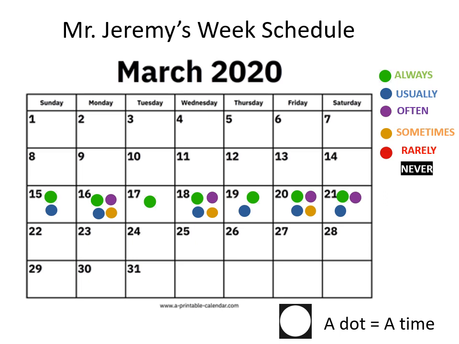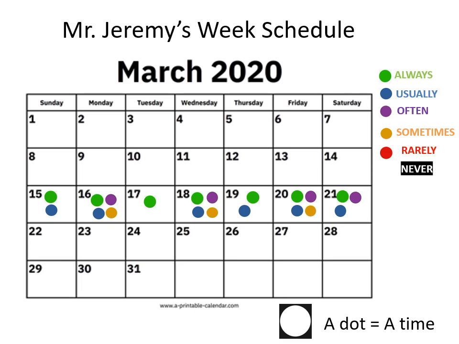Usually means that you're doing something most of the time, but not all the time. So if you look at the blue dots, you see 1, 2, 3, 4, 5, 6 blue dots. So the only time you're not doing something that's blue is on Tuesday, or a different day. And then we have often.